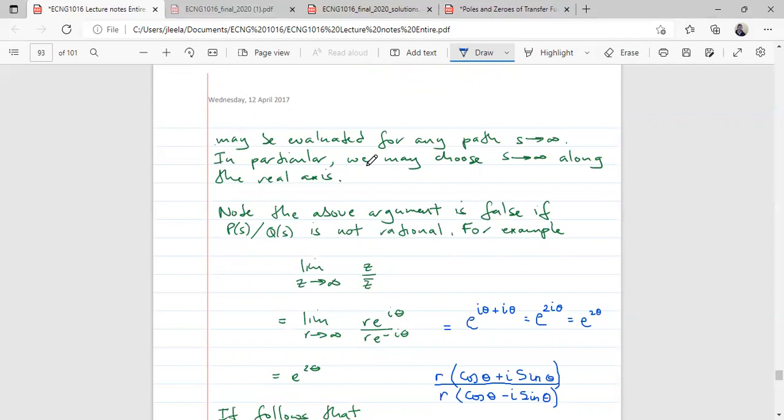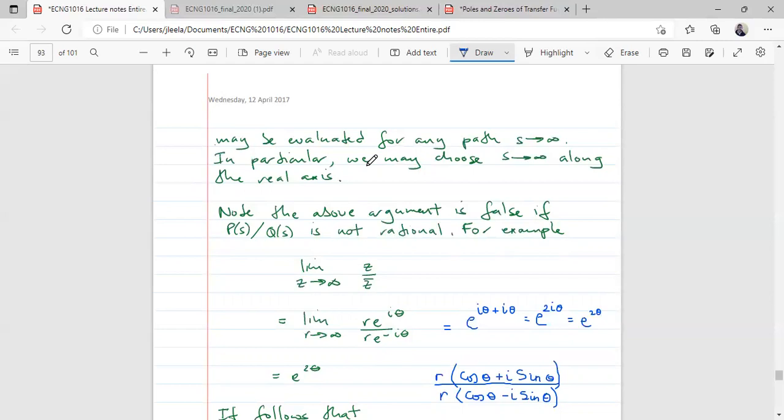For example, you have the limit z approaching infinity, z over z conjugate, right? So if you're writing z over z conjugate, z will be written in complex form as r e to the i theta, and z conjugate will be r e to the minus i theta, right? So if you'll notice here, the r's will cancel each other.